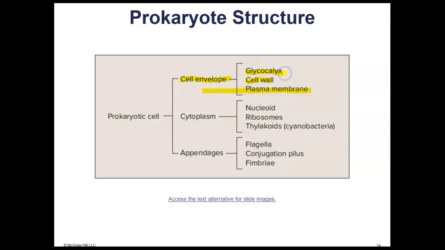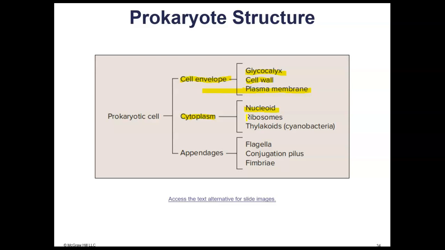And that can be a solid capsule or kind of a slimy type of composition. And then inside of the cytoplasm of the prokaryotic cell is the nucleoid, which is the region that contains the DNA. And it's always DNA, it's always double-stranded DNA.